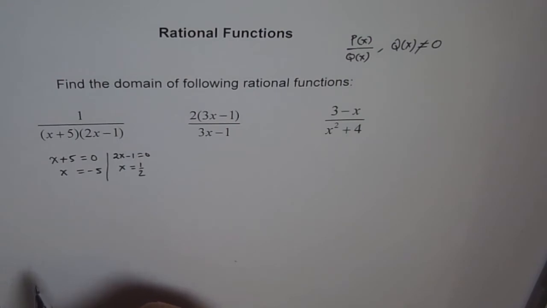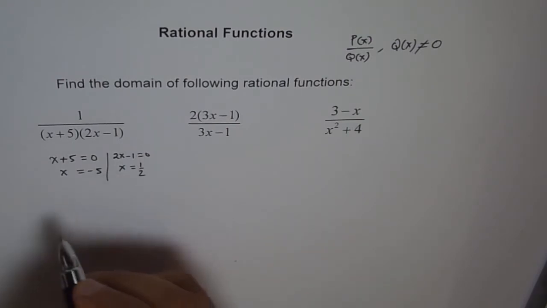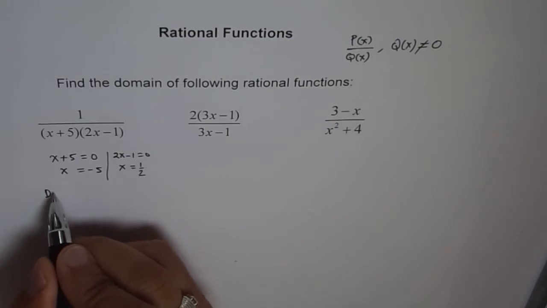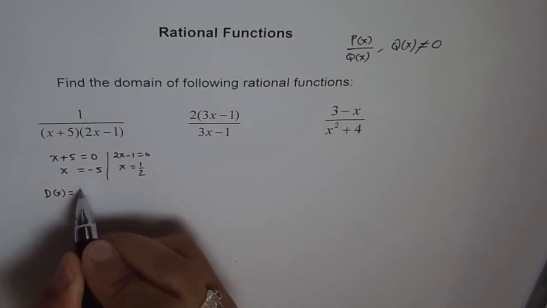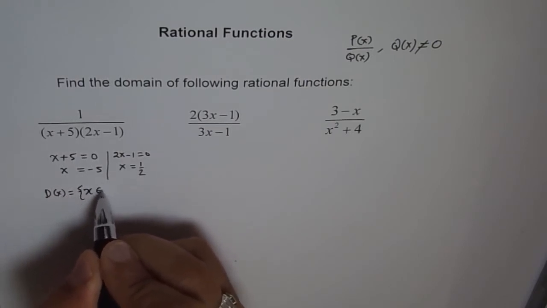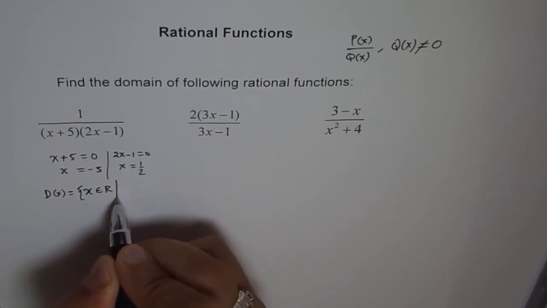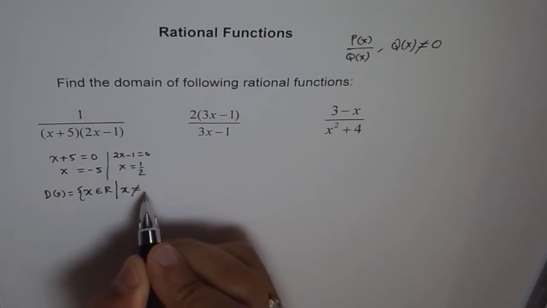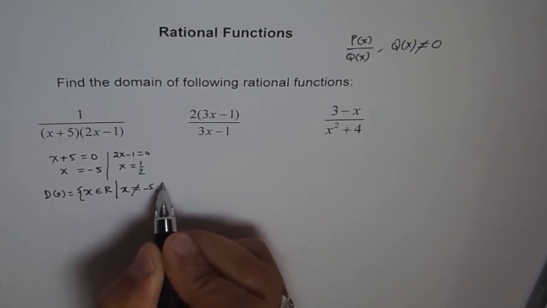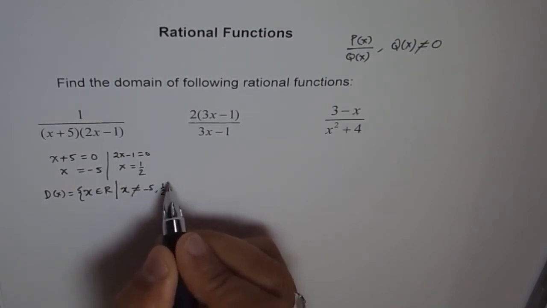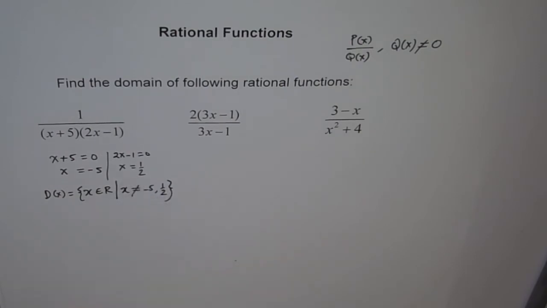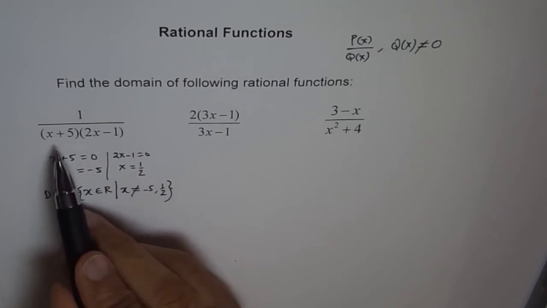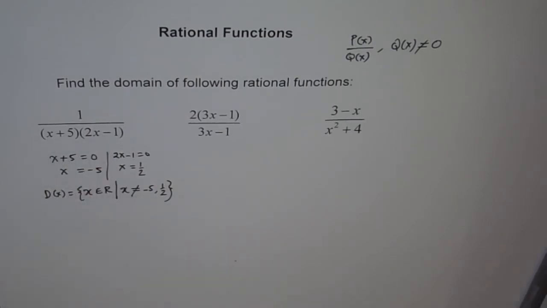Do you understand? Therefore, we'll say the domain of this function is x belongs to real numbers, where x is not equal to minus 5 and half. That is the restriction we're talking about. Whatever makes this 0 is not allowed.